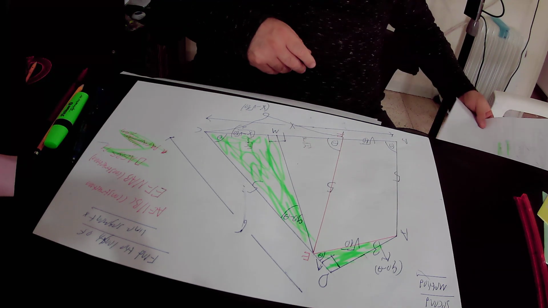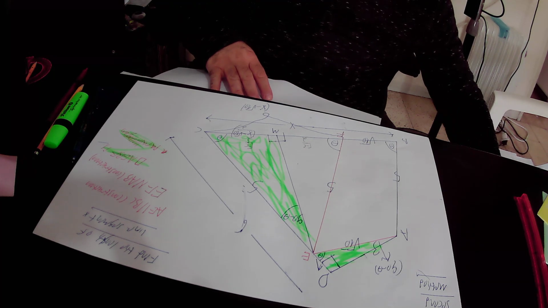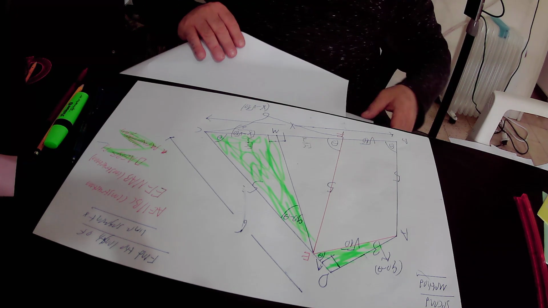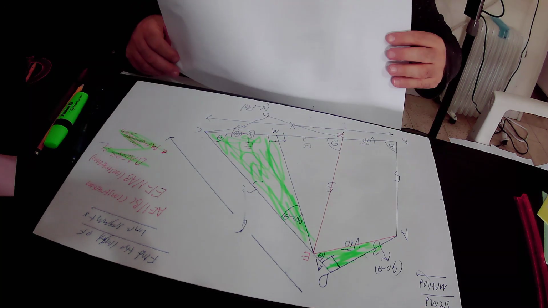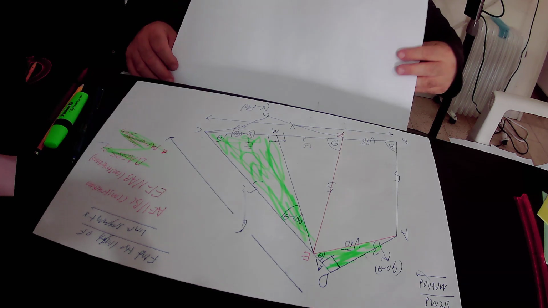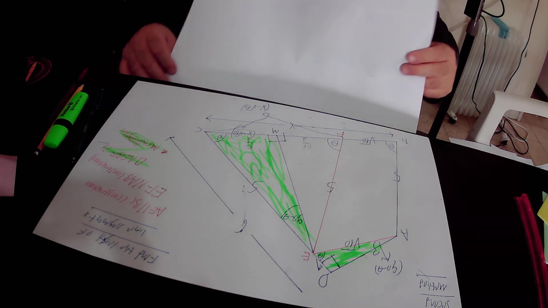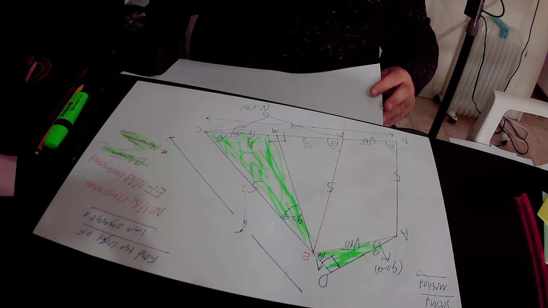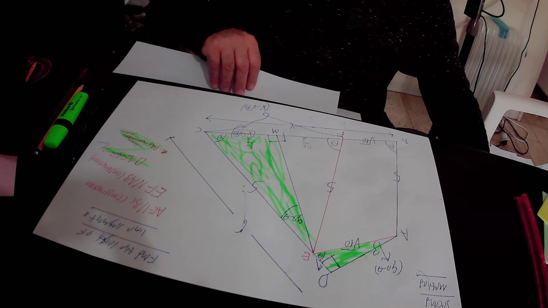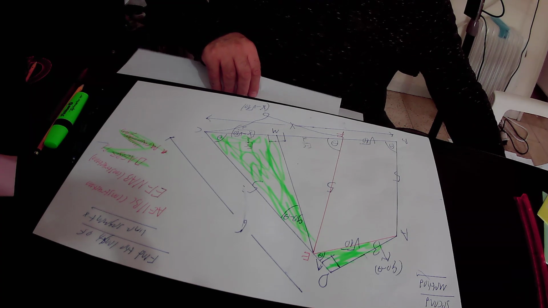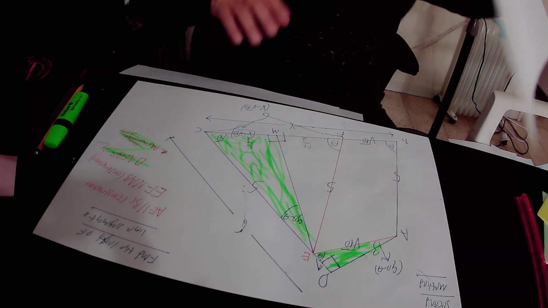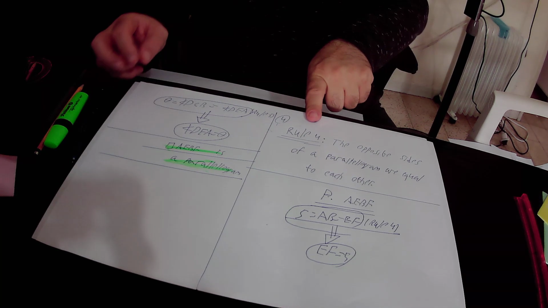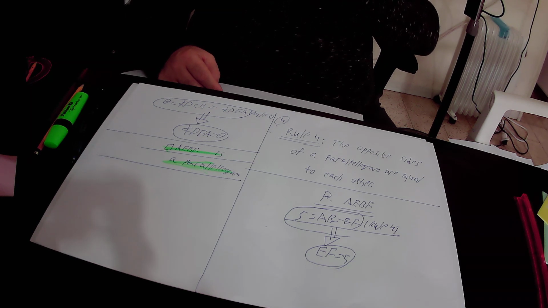And we have rule number 4. I repeat again that quadrilateral AEBF is a parallelogram, and according to rule number 4, the opposite sides of a parallelogram are equal to each other.